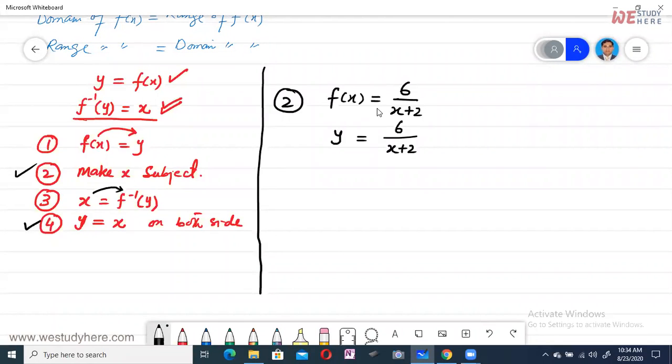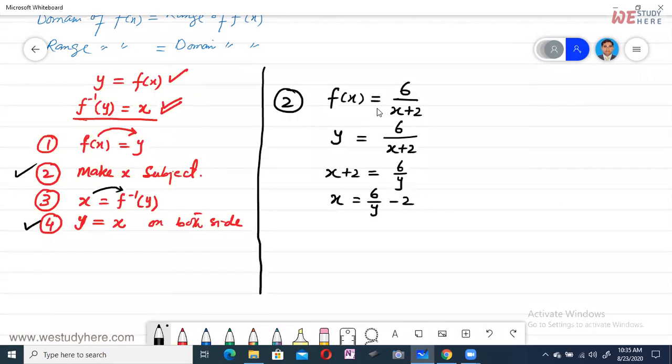Do cross multiplication here. X plus 2, this side will multiply with y, and y we have to shift to the other side, it will divide on x. Then x will be equal to 6 divided by y as it is, plus 2 other side will be minus 2. Here x is the subject. You can see x is separate now.